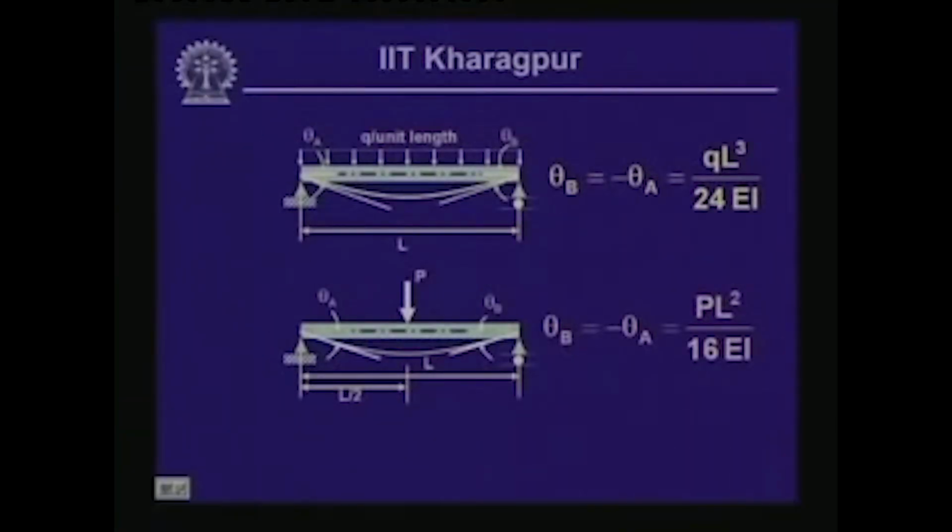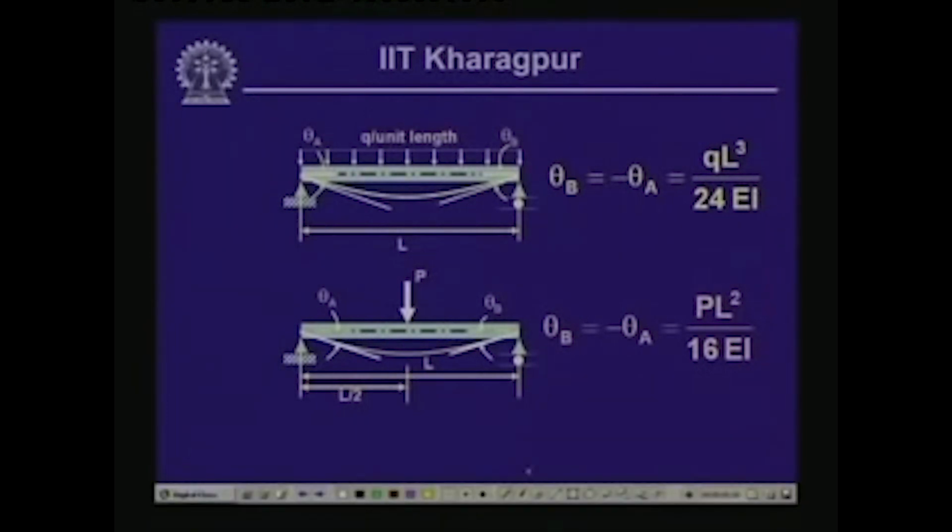Now, here, you see the values of the end slopes as we have computed for two different cases. When the beam is subjected to a uniformly distributed load of magnitude q per unit length, we have computed the value of theta B and theta A, and the magnitude is qL cube by 24 EI.